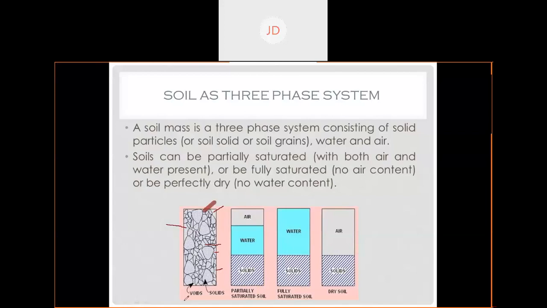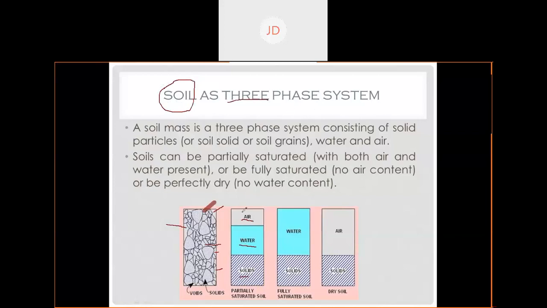And this vacant space may be filled by water or air, or both, depending on the field condition. Here you can see a soil mass may contain soil solid, water, and air. That's why a soil mass in nature is considered a three-phase system.